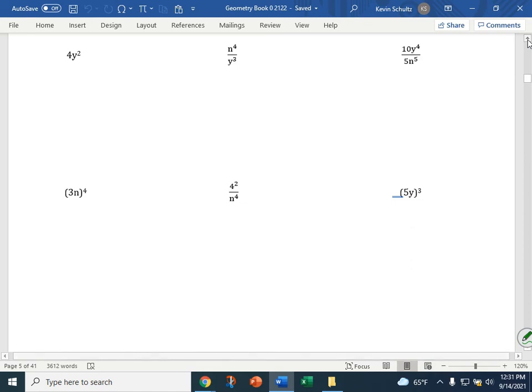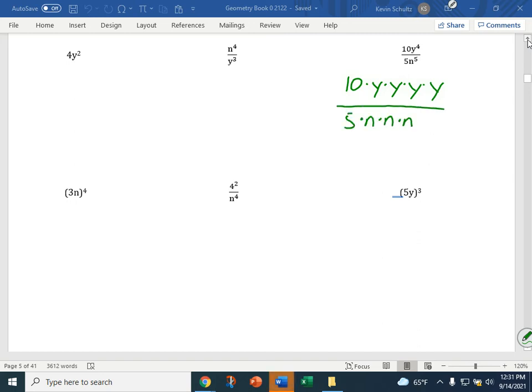Okay. So first of all, in expanded form, our numerator, 10 times y times y times y. Again, that 10 is that coefficient, not affected by the power. Our denominator, 5 times n times n times n times n times n.